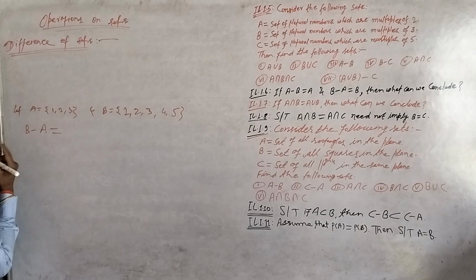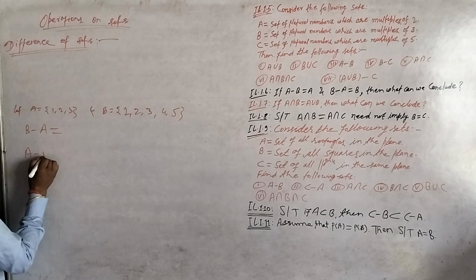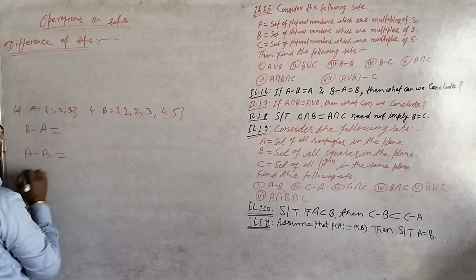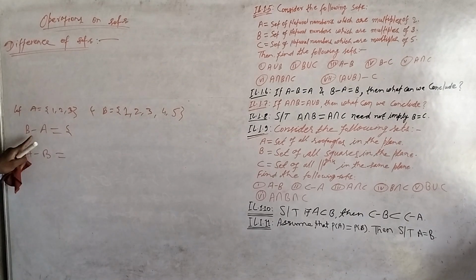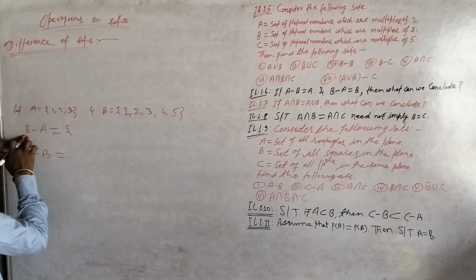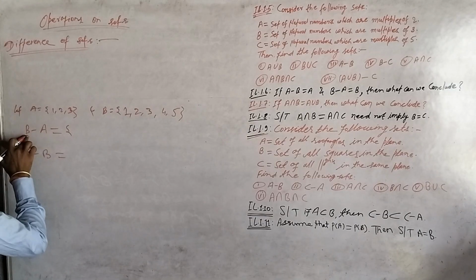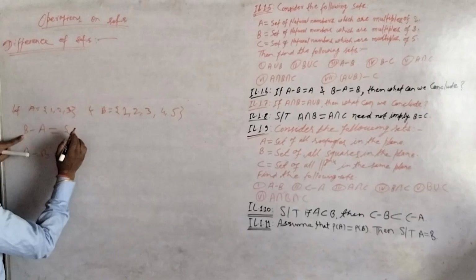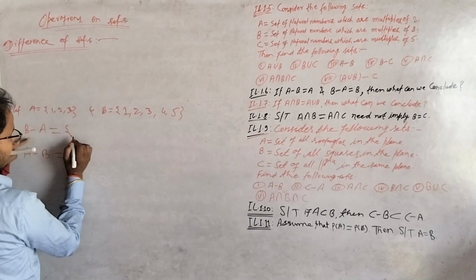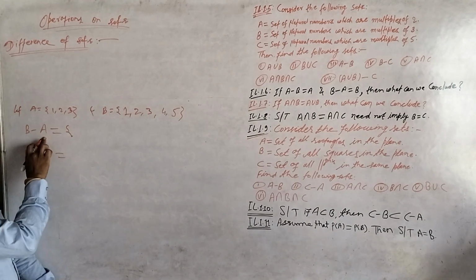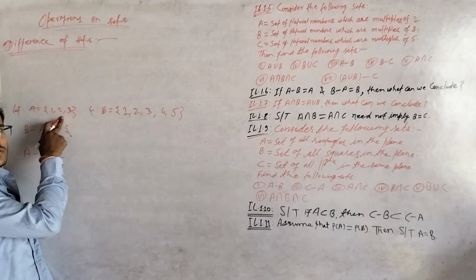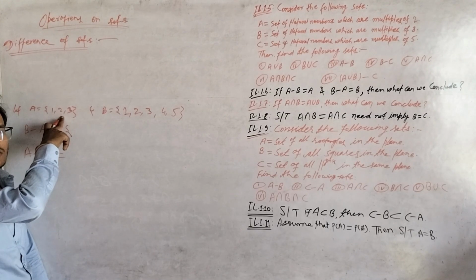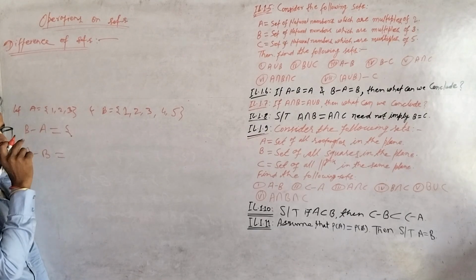A minus B, and B minus A, both are right. B minus A means from the set B subtract set A. That means we write all those elements of B which are not in A, after cancelling out the common elements.